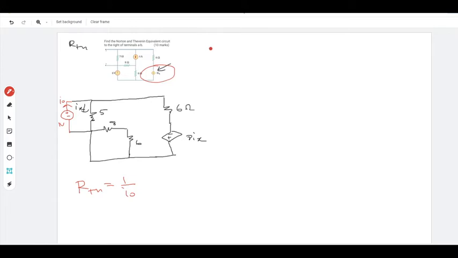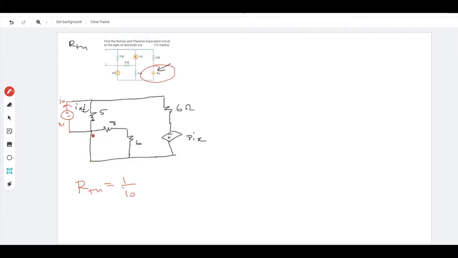When you look at this circuit, I have tried to test more of your understanding. If you have noticed, this actually becomes a short circuit. When there is a short circuit and there are two resistors, 8 and 6 ohm, which are in series, the 14 ohm is in parallel with the short circuit.